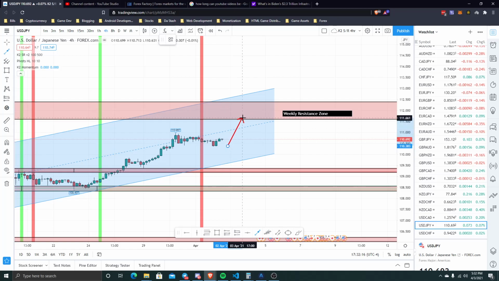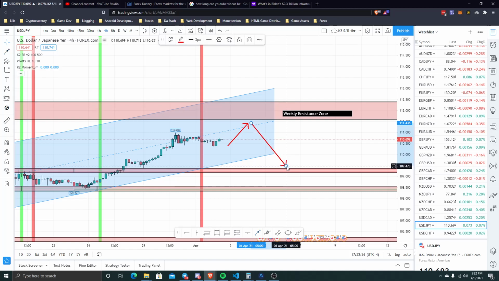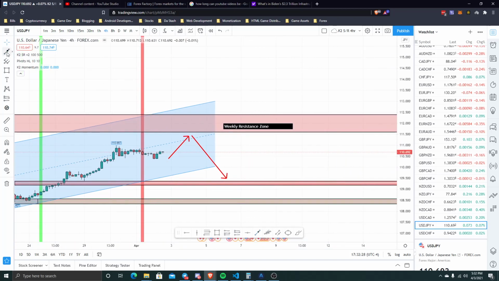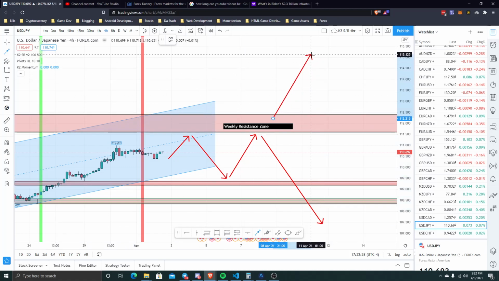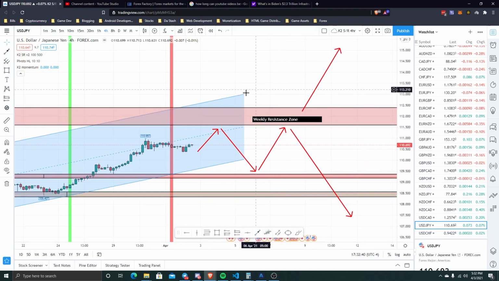Well, it's probably not going to break the weekly resistance. Probably might bounce off of it. So it just goes up like that, and then it may reverse until it gets back down here, and it may even just consolidate for a little bit until it decides it wants to break below here, or even break that weekly resistance zone.